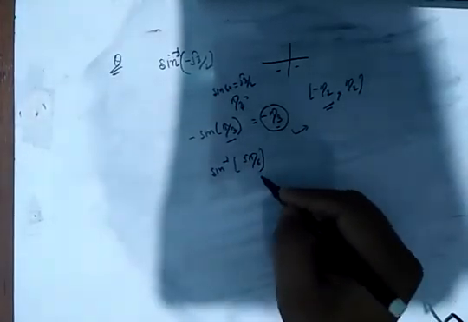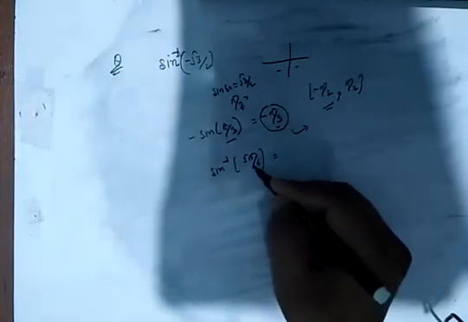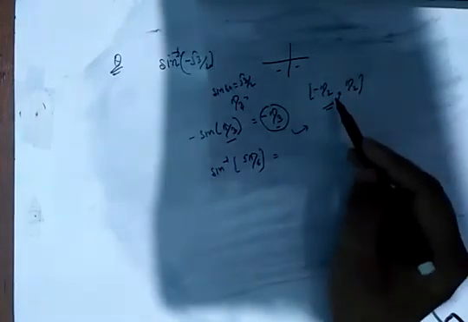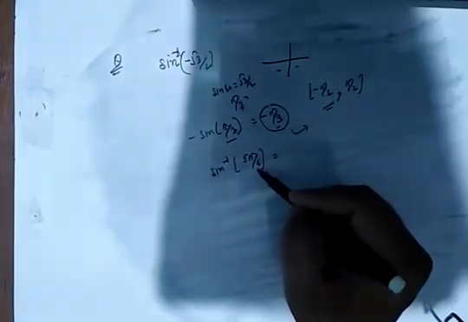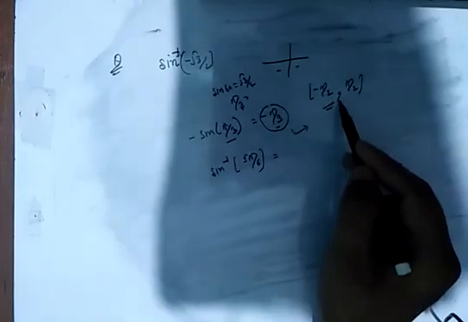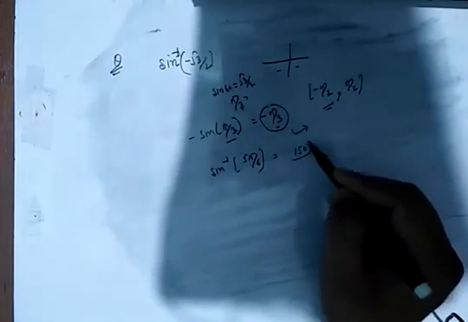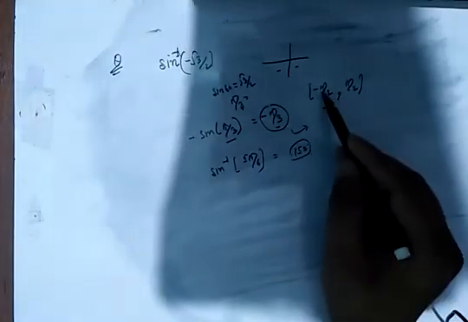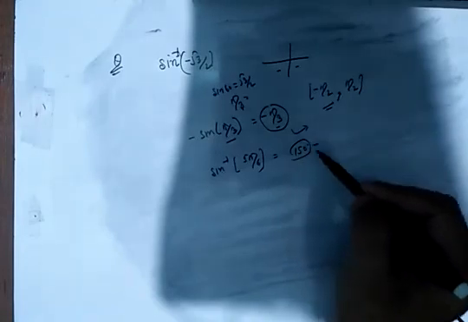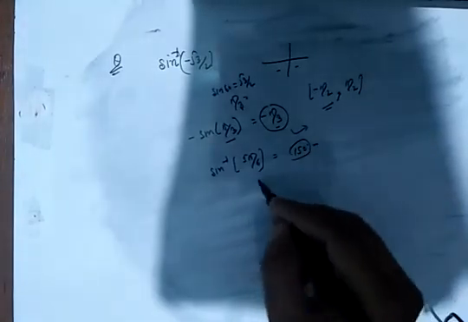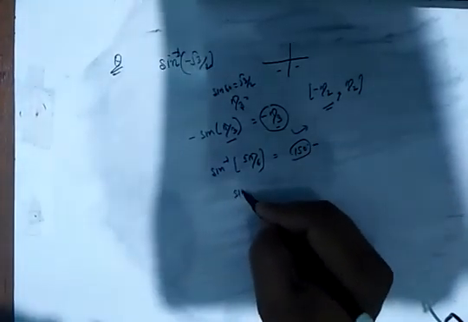This value doesn't lie in the range, so first I have to do some mathematical operation so that it lies in it. This is 150 degrees. To make it lie in this range, we have to subtract it from pi.